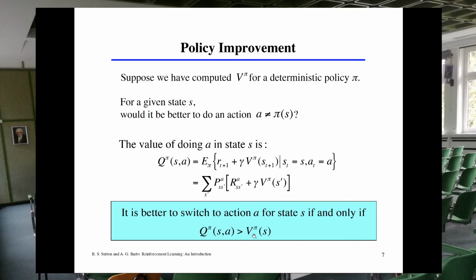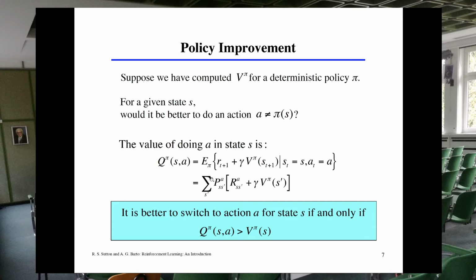Okay, and this Q value is simply the expected return that you will get if you follow the policy pi and you have this current value function. And this expectation can be calculated with this sum, in which you will have a term for each of the possible states. And this is the transition function, this is the reward function, and this is the value function. This P and this R are the same that we saw previously.